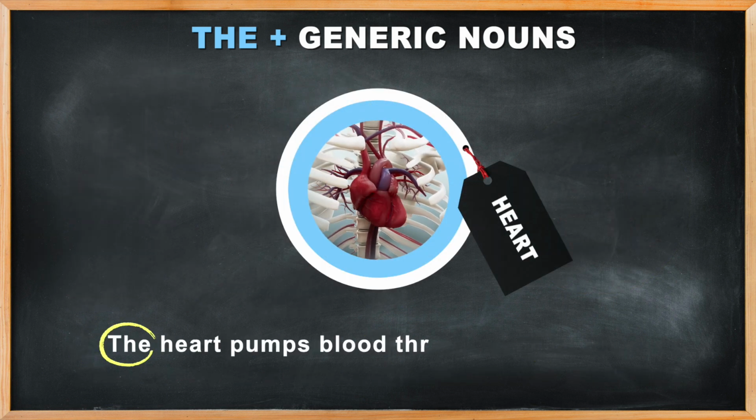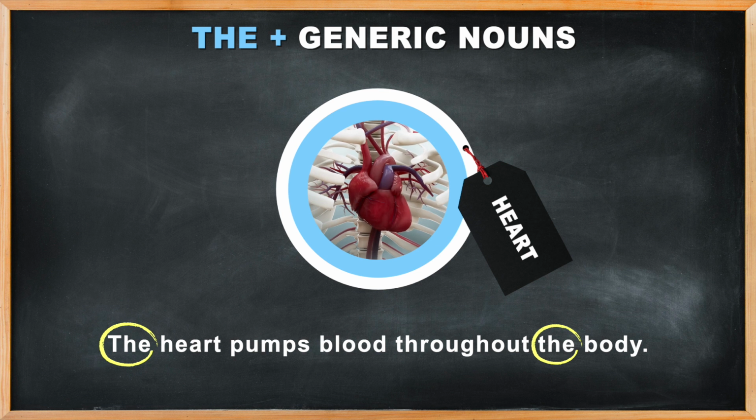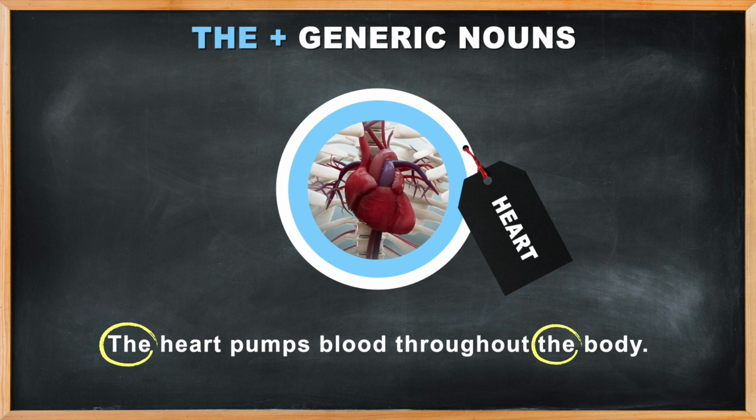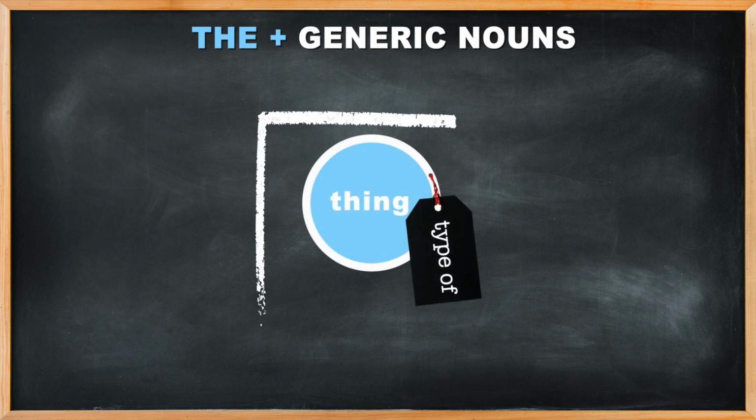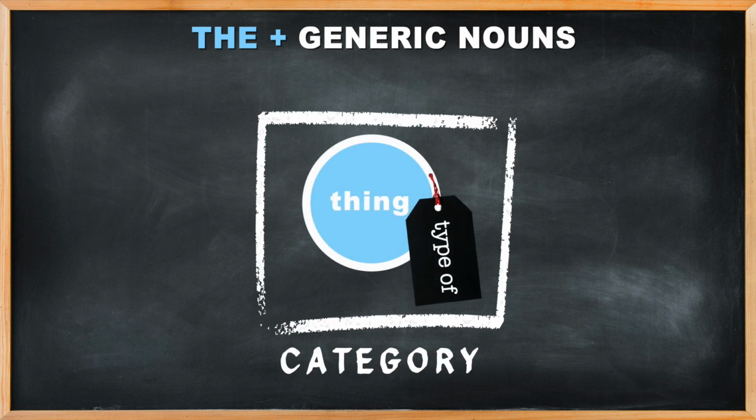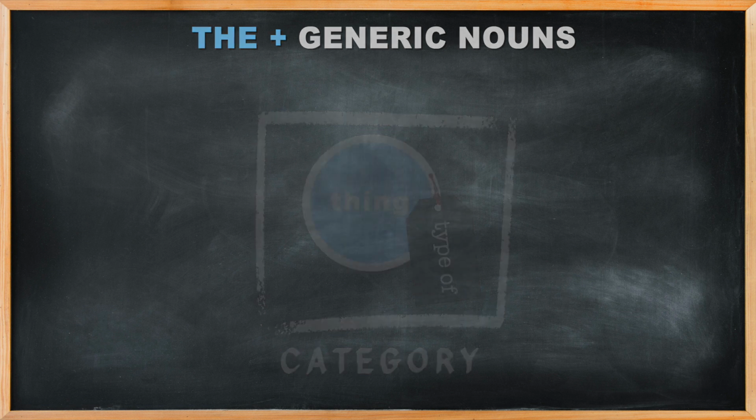"The heart pumps blood throughout the body." In all these examples, we are using the nouns generically. They are being used as the name for a unique category or type of thing rather than for the thing itself.